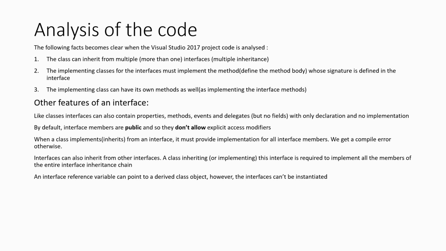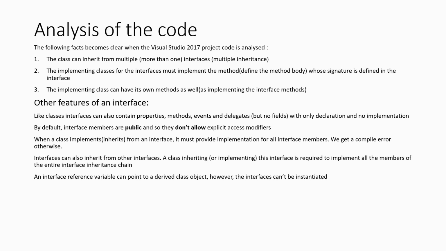So this is another way of doing multiple inheritance. The implementing classes for the interfaces must implement the method or define the method body whose signature is defined in the interface. The implementing classes can have their own methods as well, which we have seen in the code, as well as implementing the interface methods.